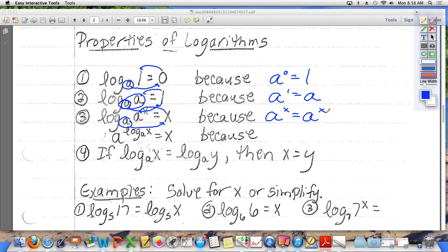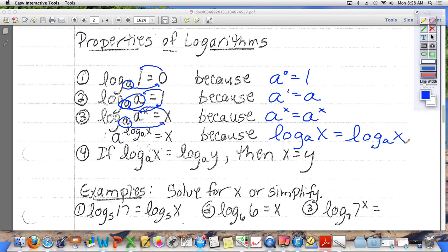So what we need to do is take this exponential and change it so that it is in logarithmic form. What is the base value here? A. Log base A of that value, log base A of X, is equal to the power. Well, what's the power? Log base A of X. Another one of those things that I think is just common sense.